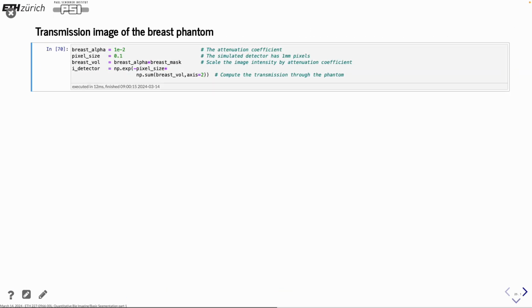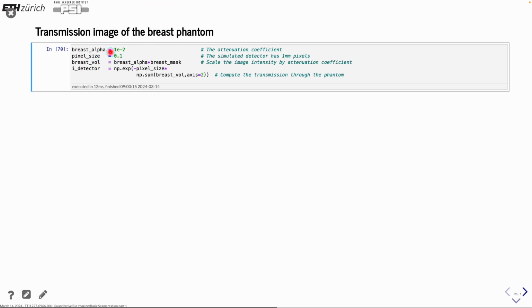Then we say we have the breast alpha of 0.01. We have a pixel size of 0.1 centimeters. The unit of the attenuation coefficient is typically per centimeter for some traditional reason. So the pixel size is 1 millimeter, which is set here to 0.1.